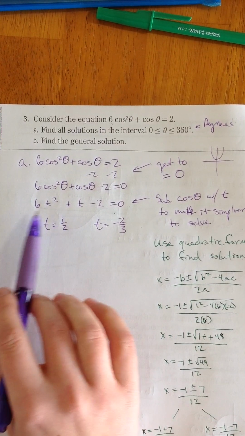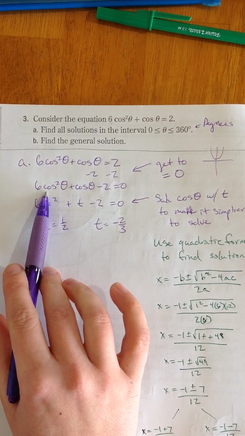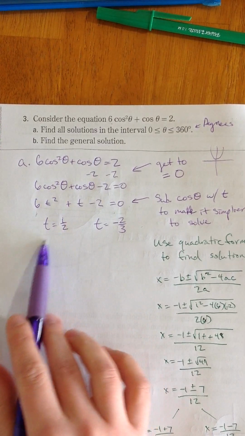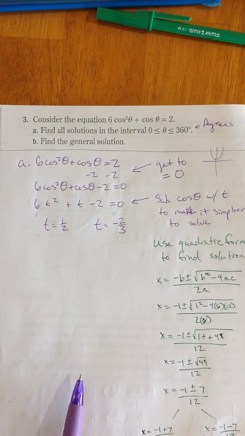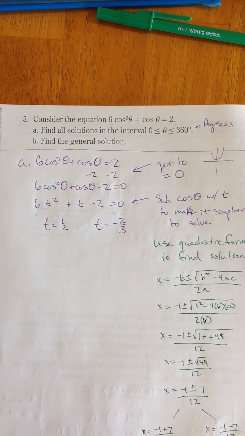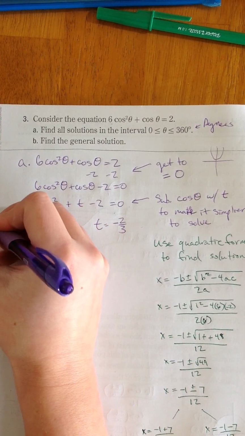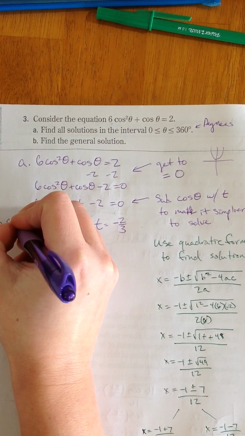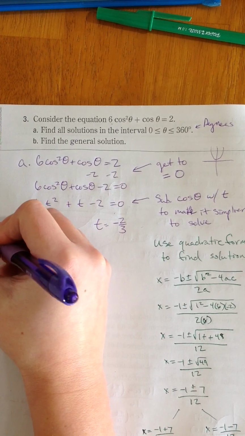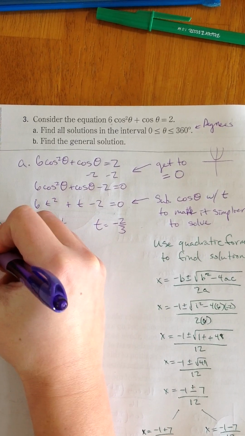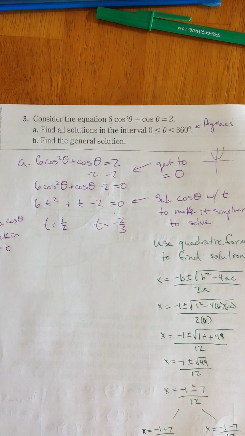But now, because we used substitution and pulled that cosine theta out and switched it to t to make it easier to get those values, we actually have to sub that cosine theta back in for the t. So I'll write a little note here: sub cosine theta back in for t.